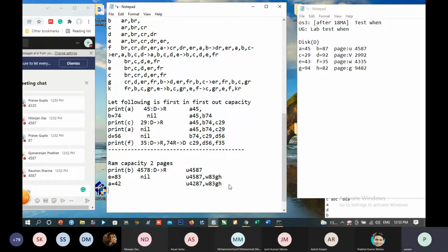Now, suppose we are writing print C. Now, we shall transfer 2992 from disk to RAM.